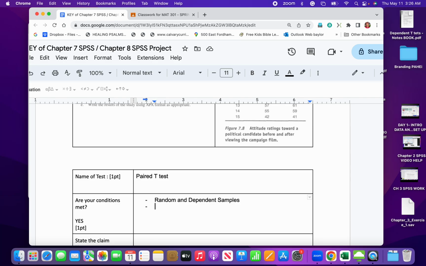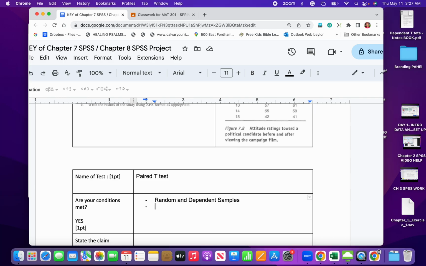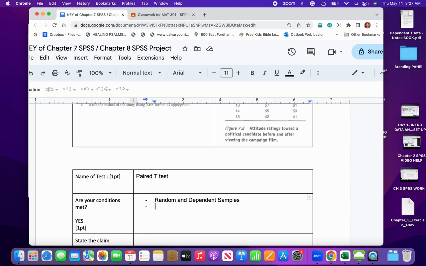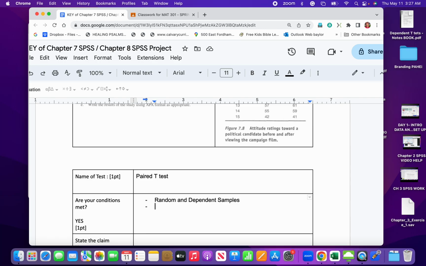It's unknown. We have dependent, random, yes. Sigma 1, sigma 2, we don't know it. I'm not sure, do we have a normal population? You can go back and check inside your notes. Let me quickly check your notes to make sure I have the conditions proper.